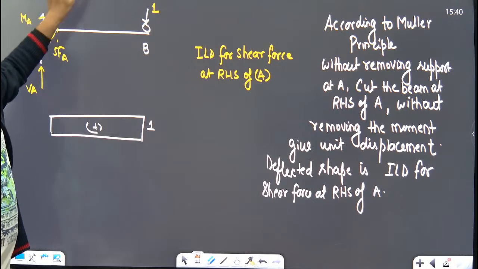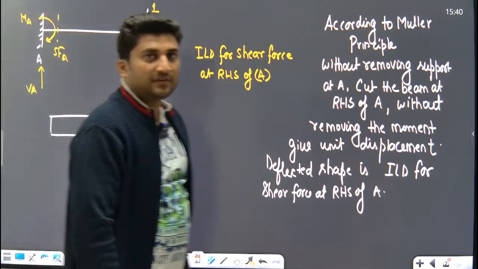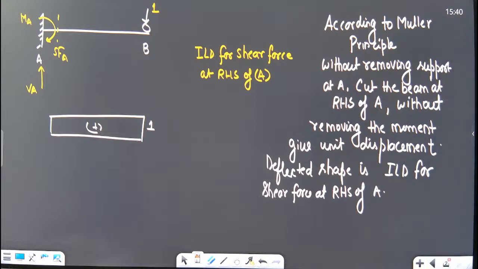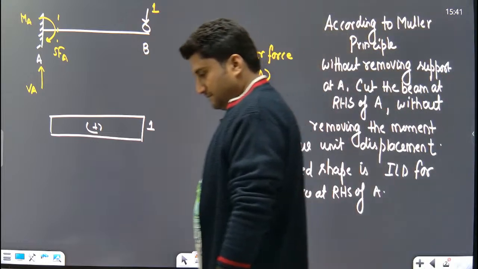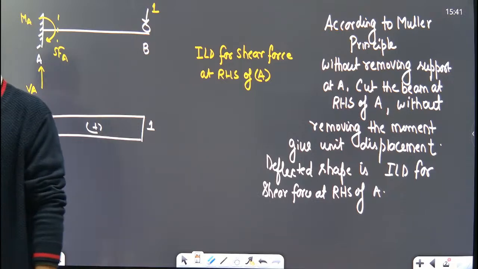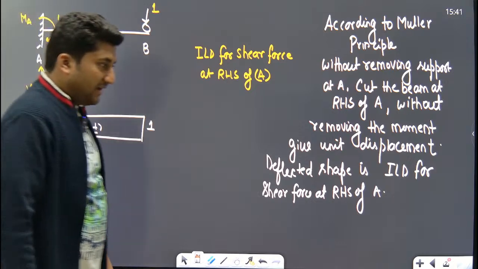The deflected shape of the beam is the ILD for shear force at RHS of A. This is the second concept. Is it clear now? I hope it is clear.